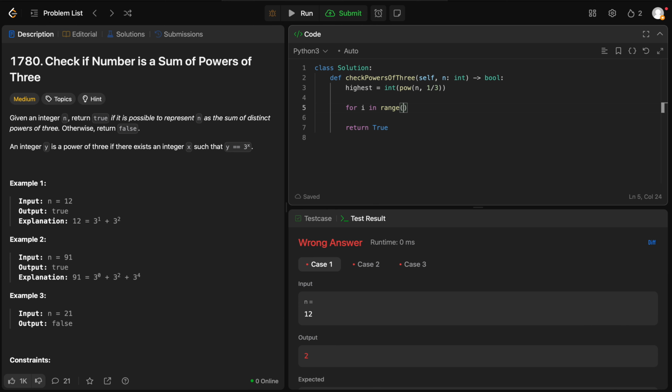I think I have to detect this. So for i in range highest, and this is +1, so 0, 1, and 2, but not even this, but 2 to the highest.